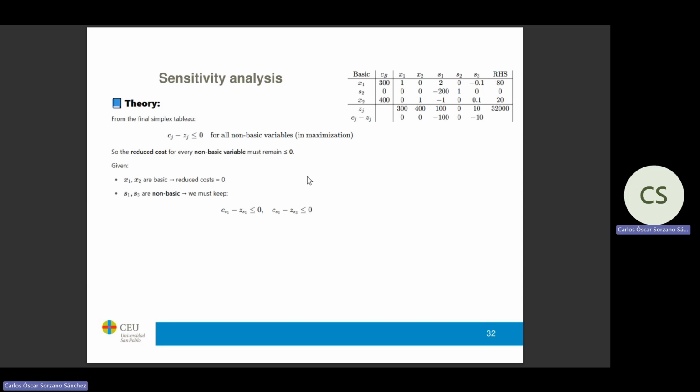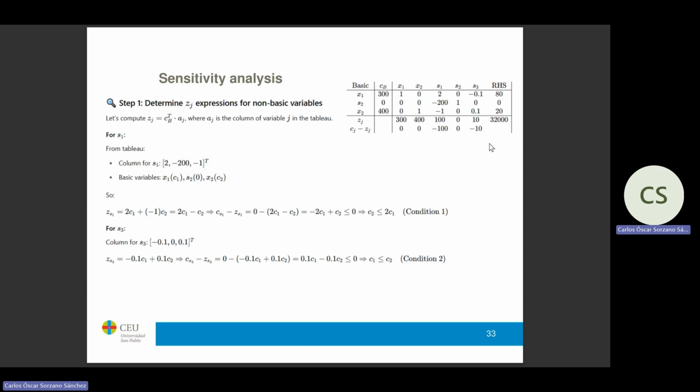And we have to study for which ranges their reduced costs would still be smaller than zero, because if they are zero or larger than zero, they will get into the basis. So for which values of C's do they still stay there? This was the column for S1, and this is the column for S3.